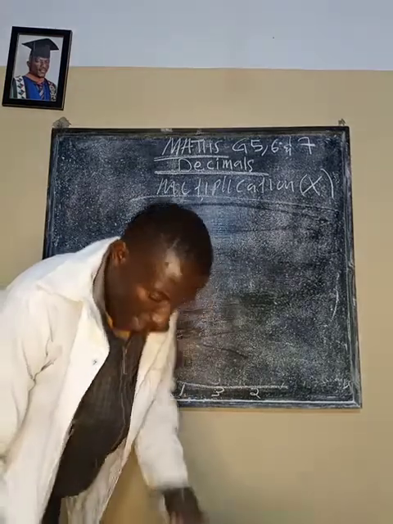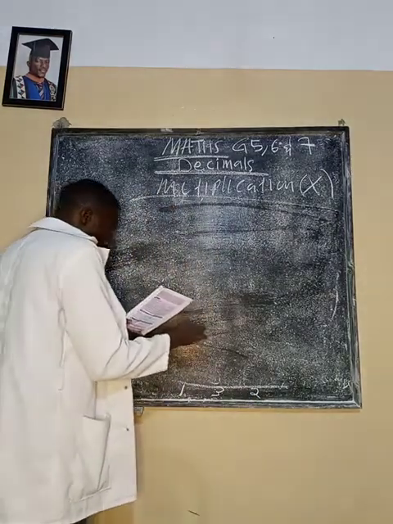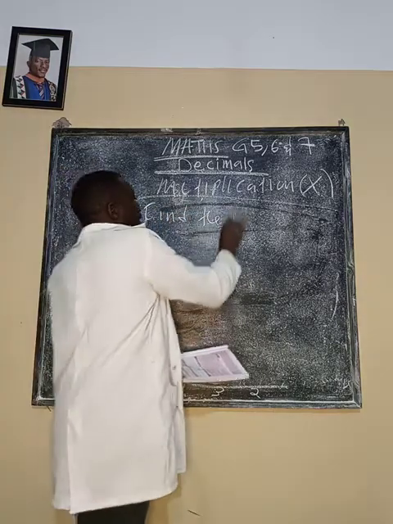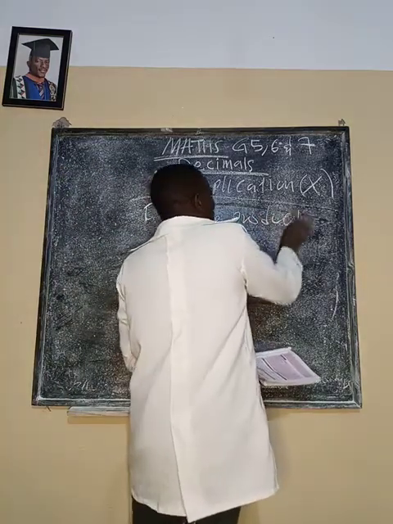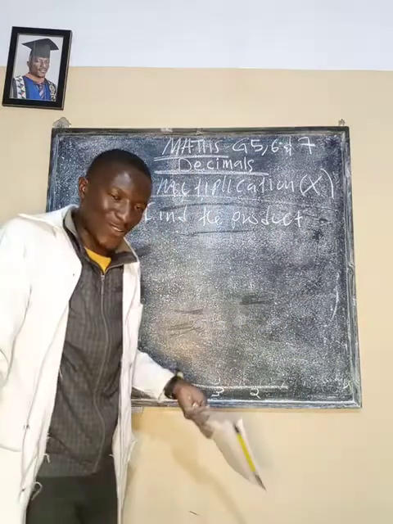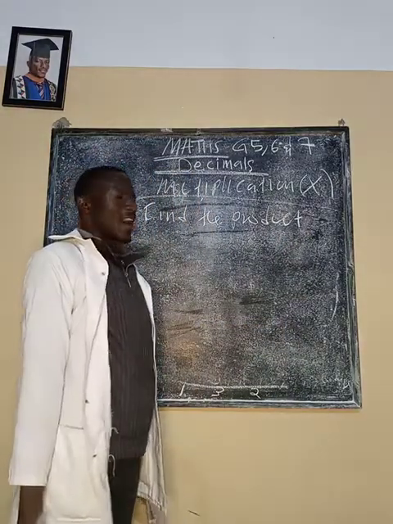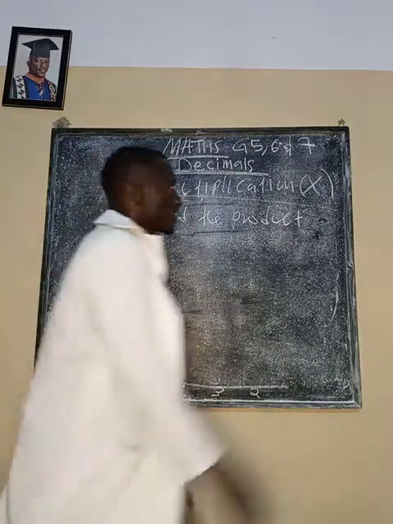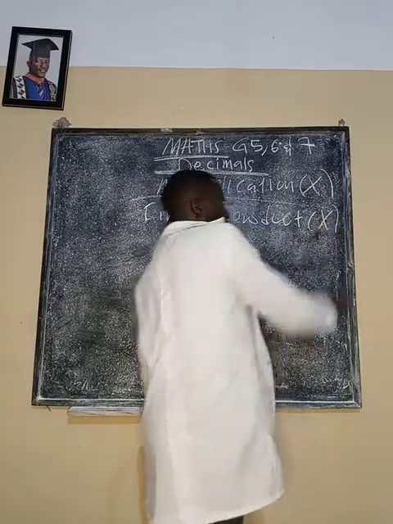So imagine they are saying find the product. Find the product. Grade 5, 6, 7. What did I say, guys? Come on, be fair. I said product means what? Multiplication. Multiplication means times.